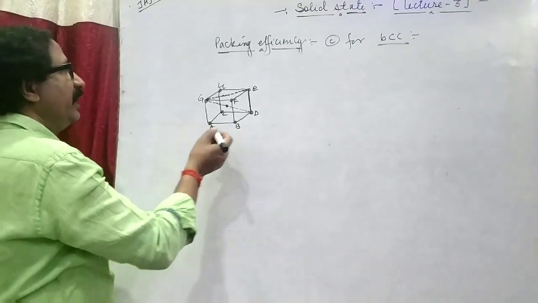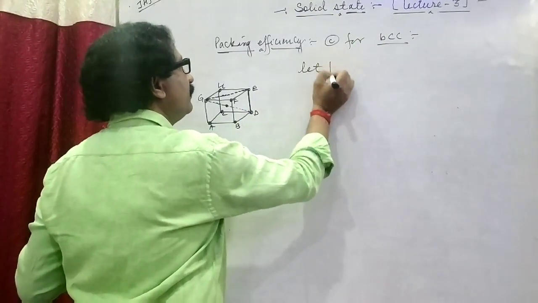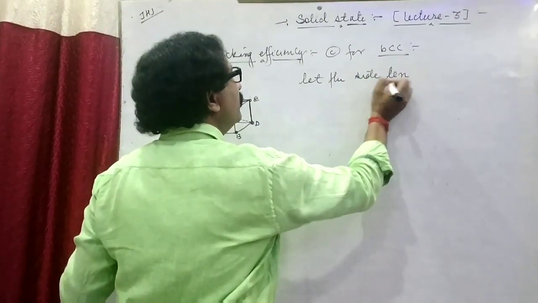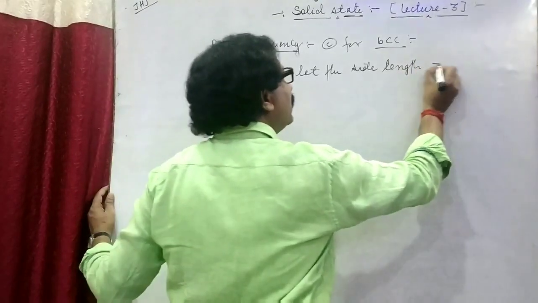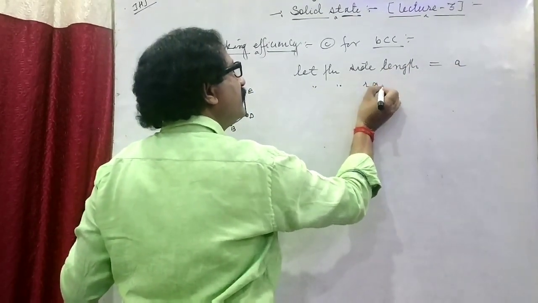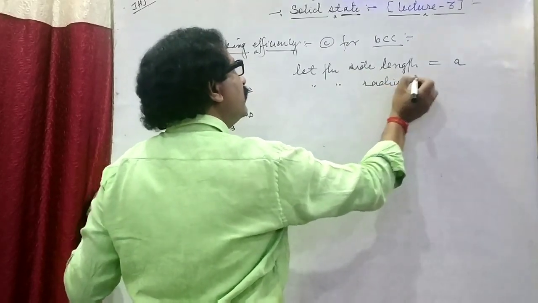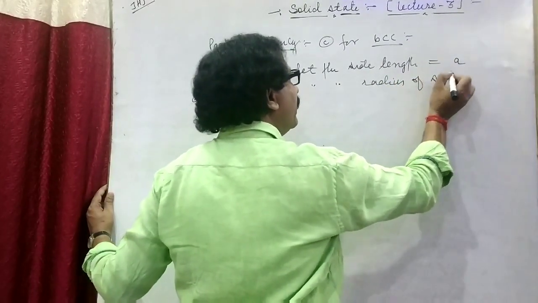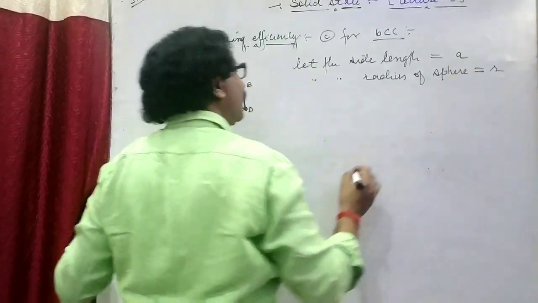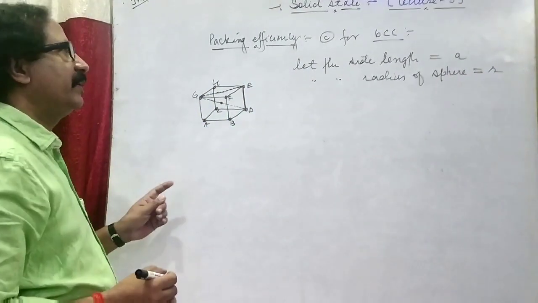Let the side length be equal to A. Let the radius of sphere be equal to R. Okay?